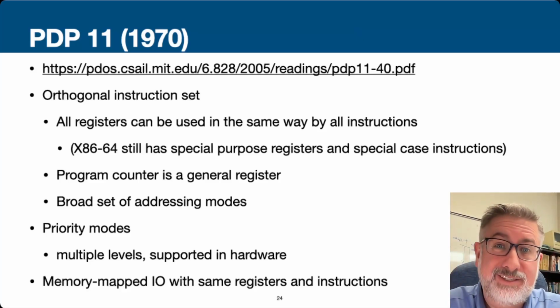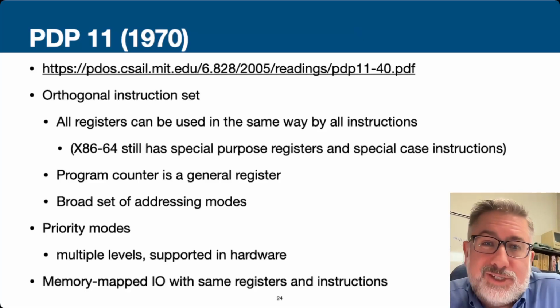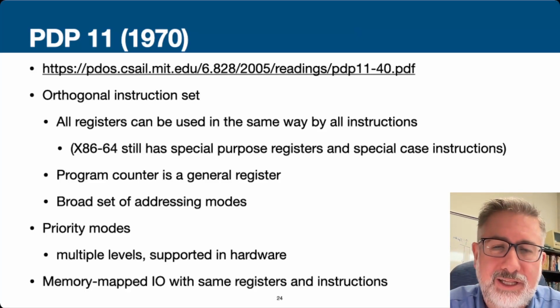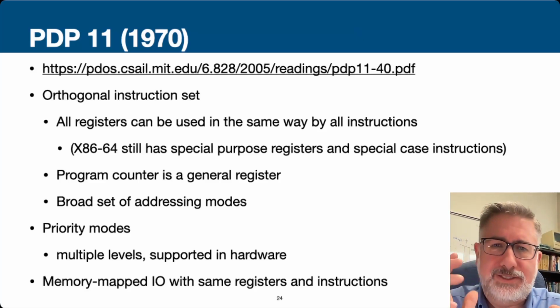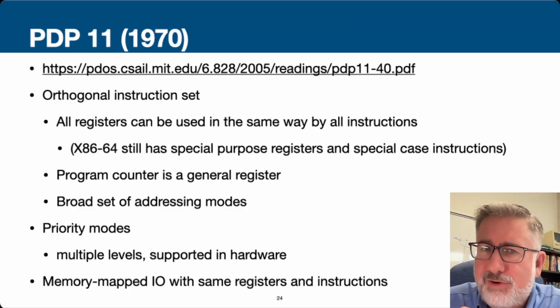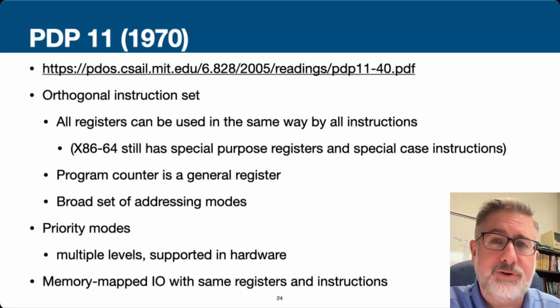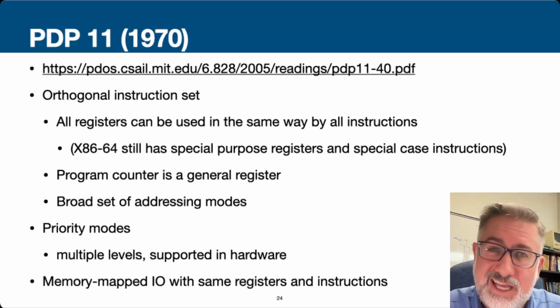And in fact, the idea that the program counter is just another register like any other, also initiated here in the PDP-11. This is a somewhat unusual development because in previous versions of machines, keeping the program counter separate had the same motivation as keeping status registers separate, keeping vector tables separate, keeping this stuff away from the programmer so they couldn't make any mistakes.